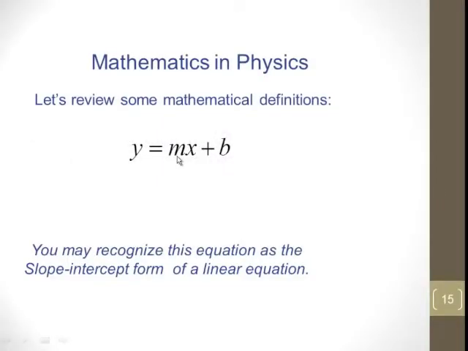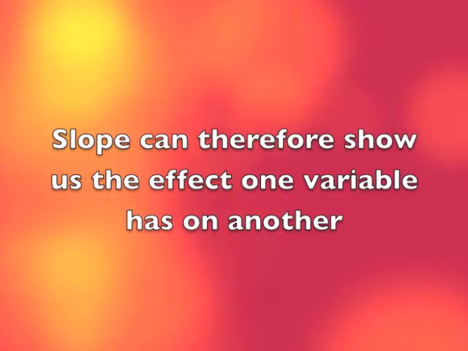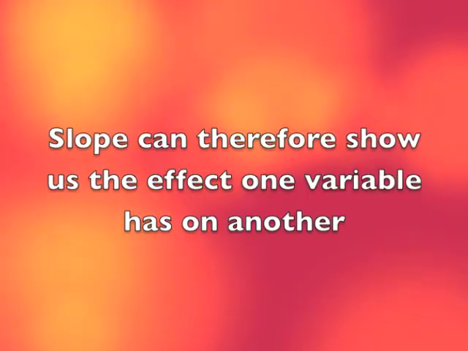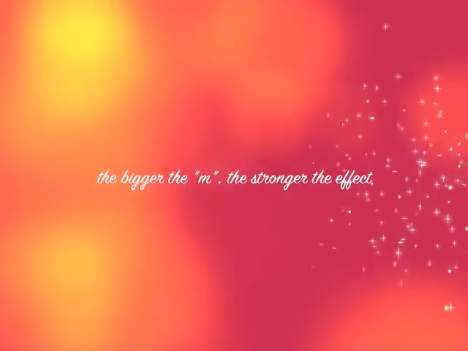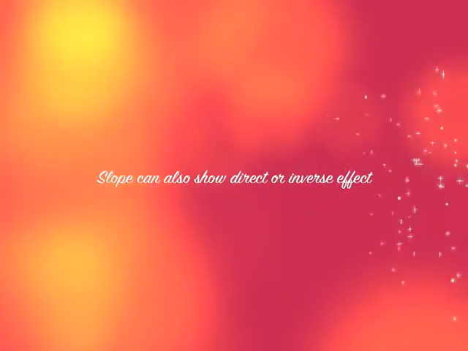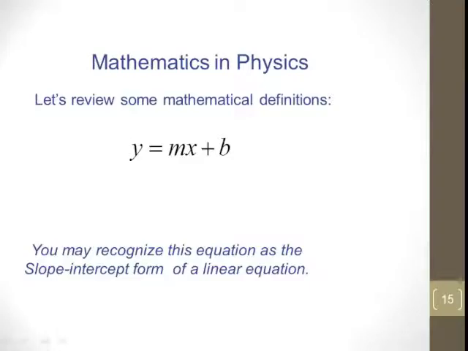And m is the slope of the line, and b is the y-intercept. So if we take a look at something as simple as this, we want to make sure that we recognize the meanings behind each of the variables and symbols that we have.